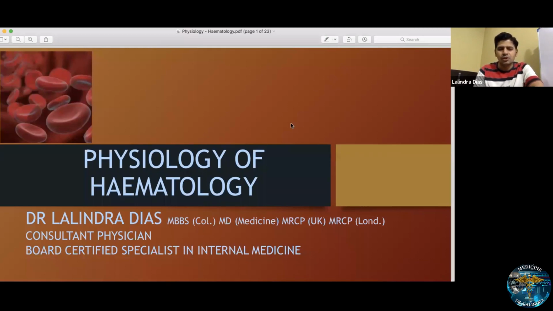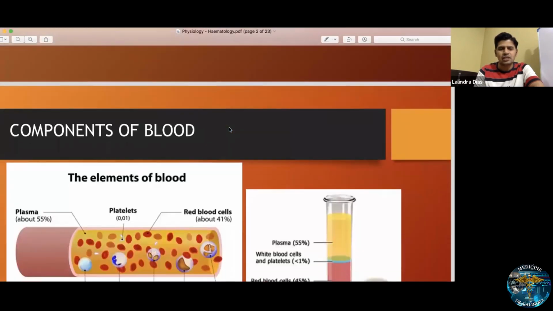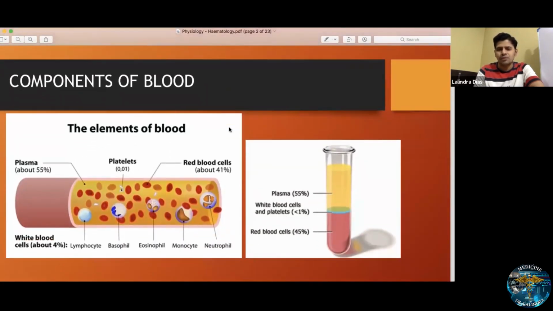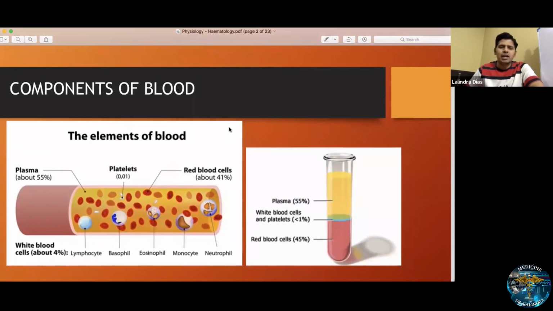So physiology of hematology, under that we are first going to discuss the components of blood. There are several elements of blood. There's a liquid part, which is the floating one, called the plasma. In our blood, we have a fluid component, a watery component.